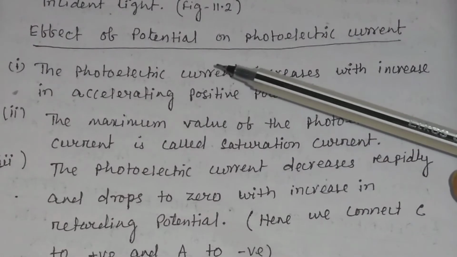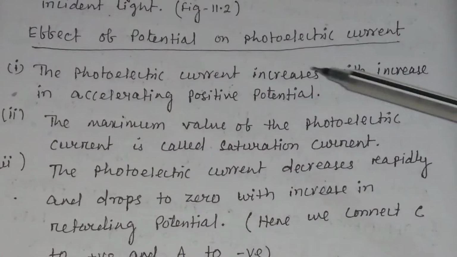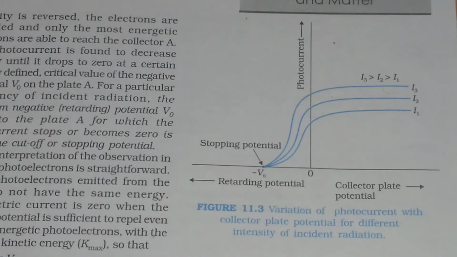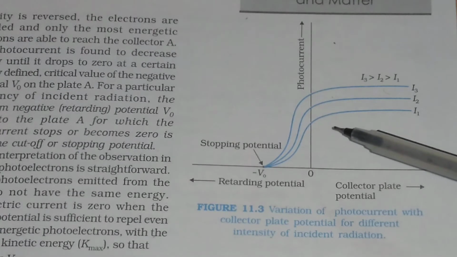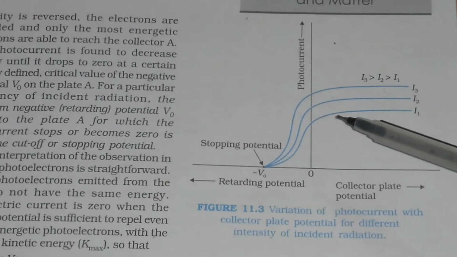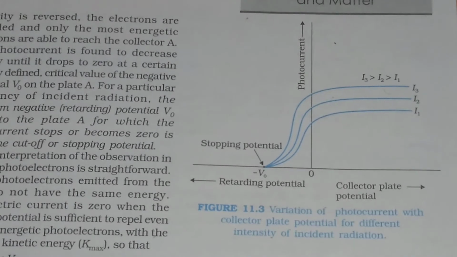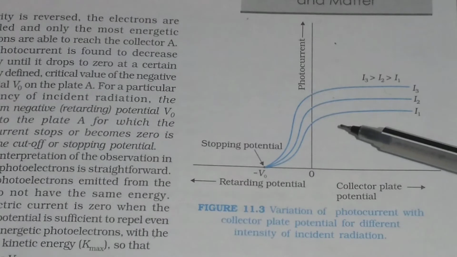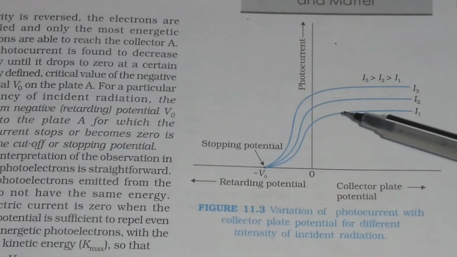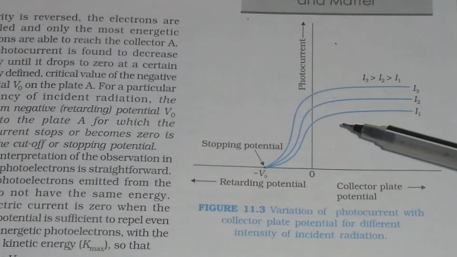Then let us study the effect of potential on photoelectric current. This graph shows the variation of photocurrent with collector plate potential for different intensities of incident radiation. You see from this graph that the photoelectric current increases with increase in accelerating positive potential.